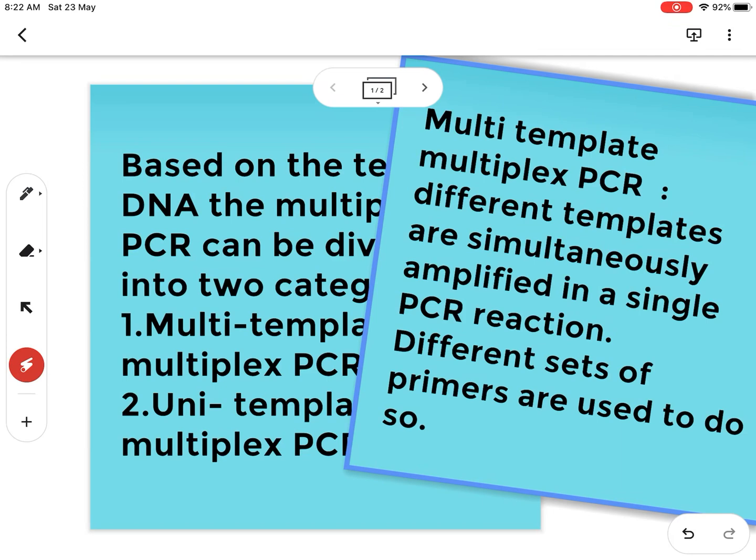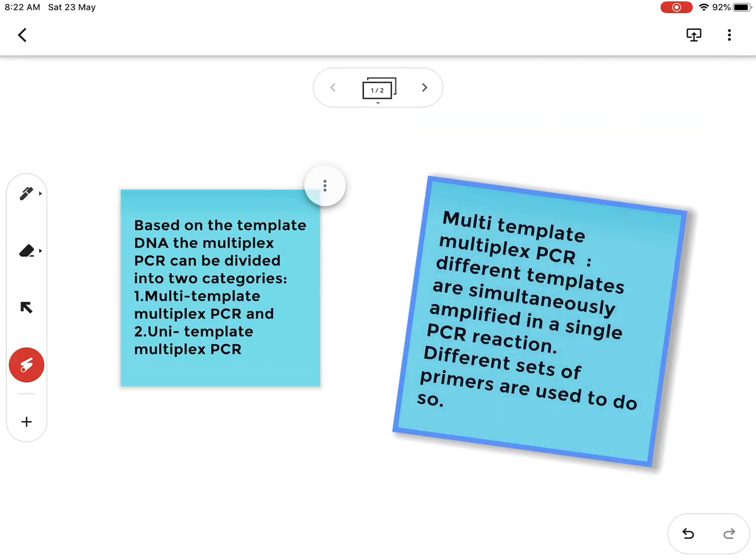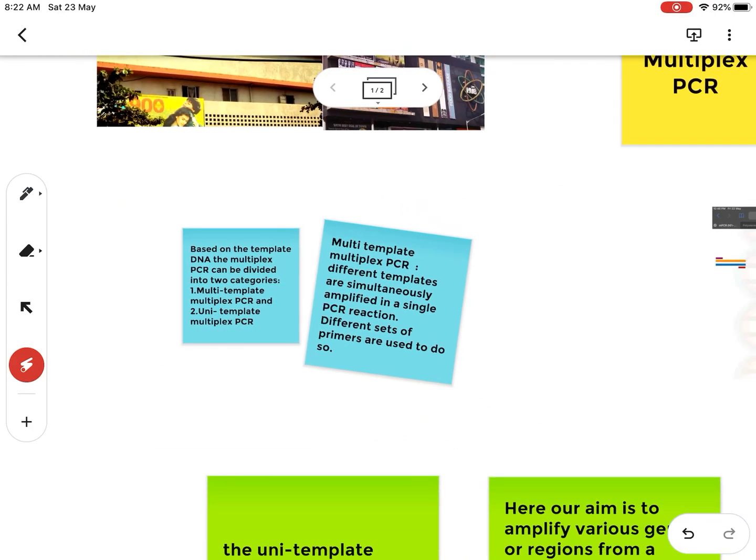Here different templates are simultaneously amplified in a single PCR reaction, and different sets of primers are used to do so. However, it does not mean to pool different samples in a single reaction. The present technique facilitates the detection of various pathogens from biological samples.